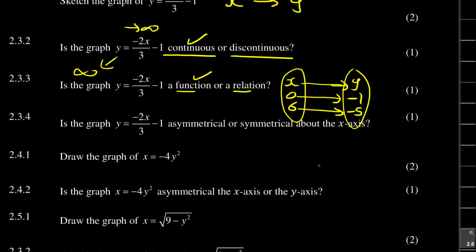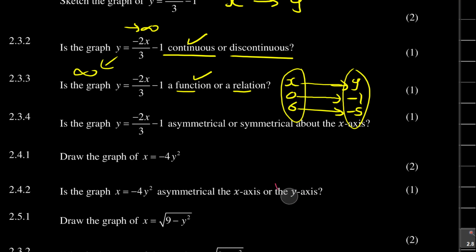A relationship, sometimes you might find a situation like this whereby you'll have x here and y here. For example, x is 2 and y being maybe -3 and +3. So now this is no longer a function. Let me use it the other way around.